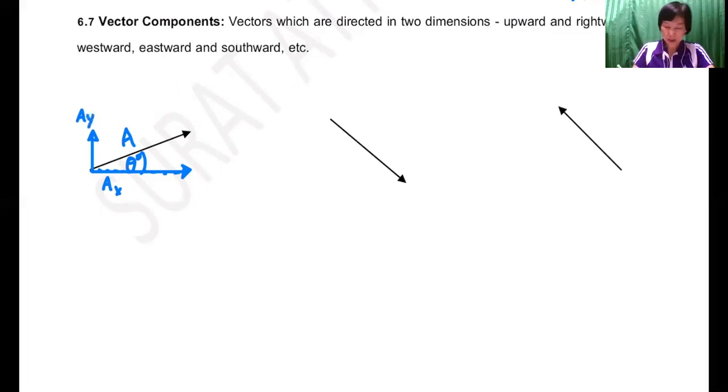And how much is the magnitude of these two vectors? Before going to this, may I draw the parallelogram again here? I will draw it using another color. This is my parallelogram.